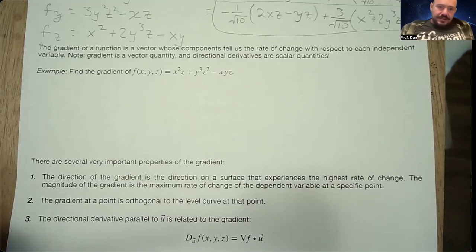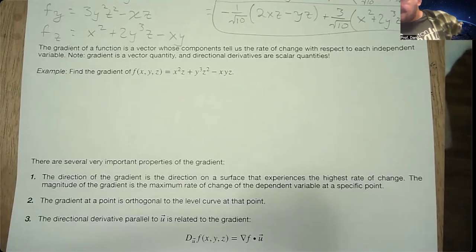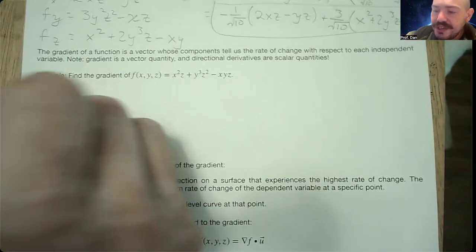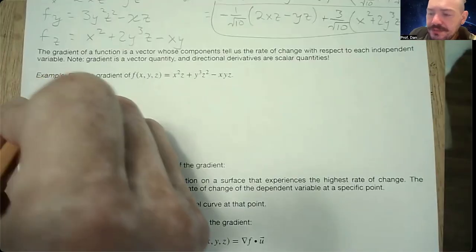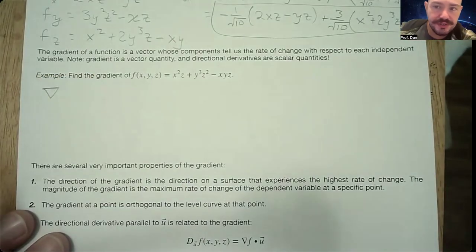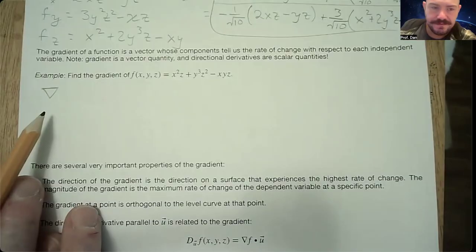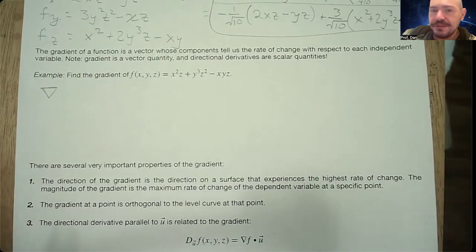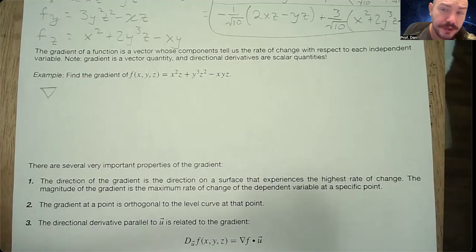So the gradient typically is noted using an upside down triangle, right? Called del. Although if you code in LaTeX, it uses a weird thing like nabla. I don't know where that comes from, but it comes from somewhere.